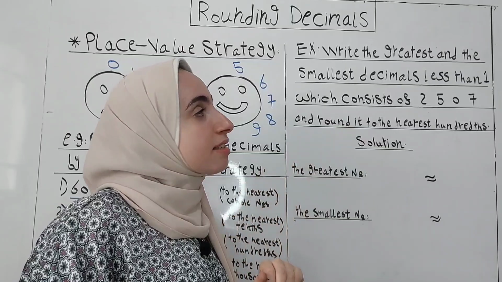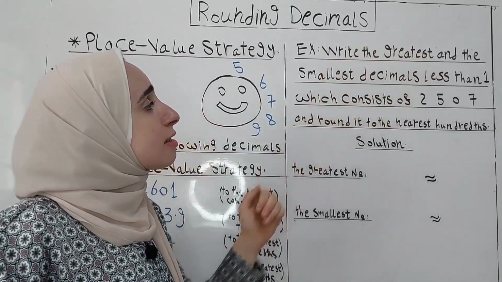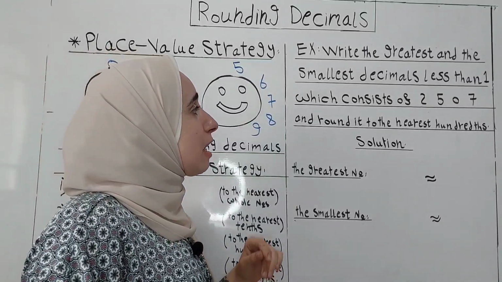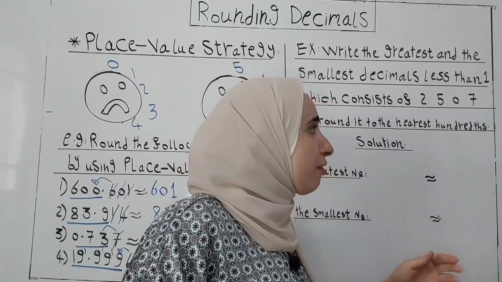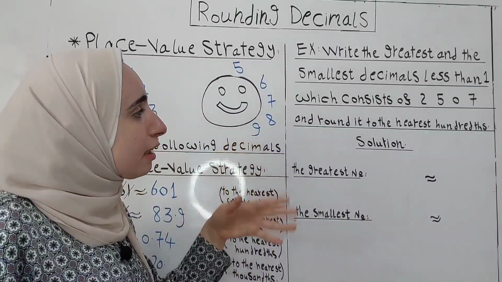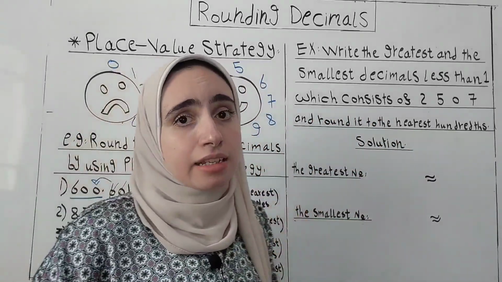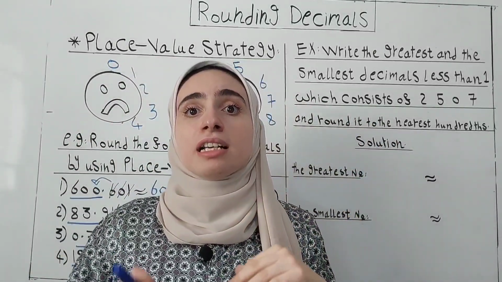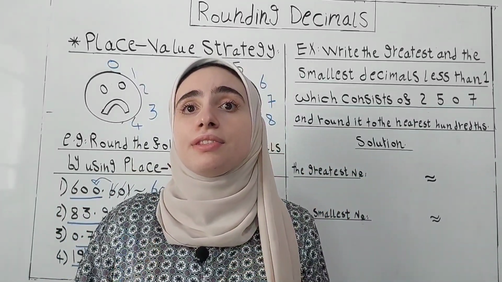Let's take another example. Write the greatest and the smallest decimal numbers less than 1, which consist of the digits 2, 5, 0, 7. Then round them to the nearest hundredth. First, we must write the greatest decimal number and the smallest decimal number.